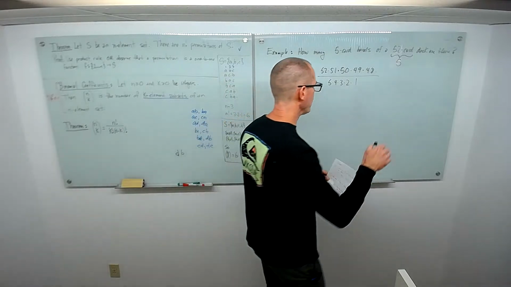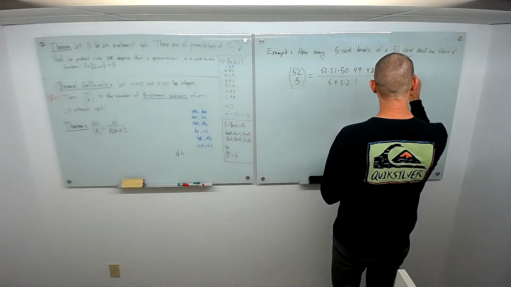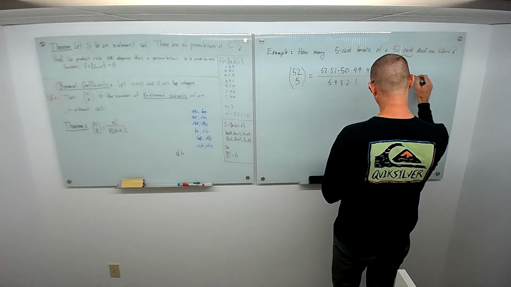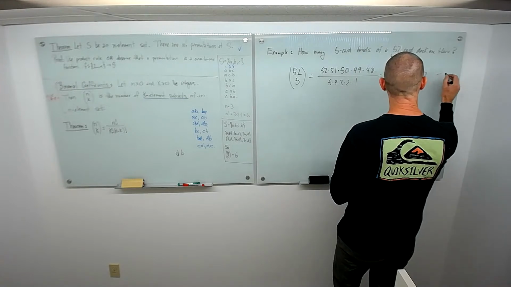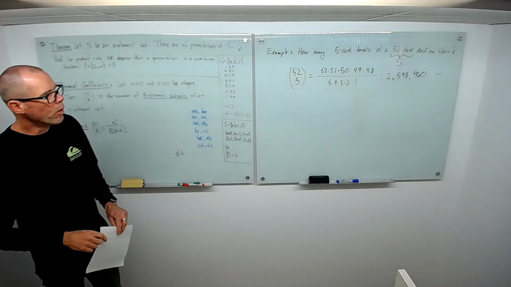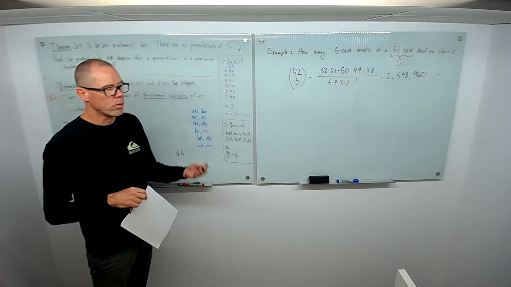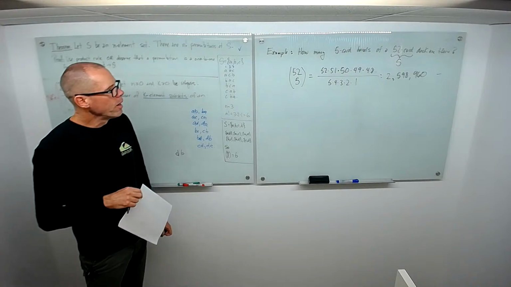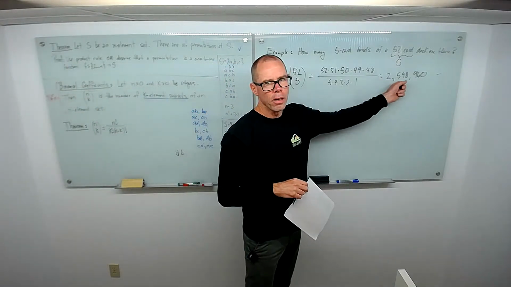And just so you have a feel for it, that is about 2,598,960. Okay. So this kind of stuff is useful to know if you're a poker player, where in many cases a poker hand is 5 cards. How many different possible hands are there? There's this many.